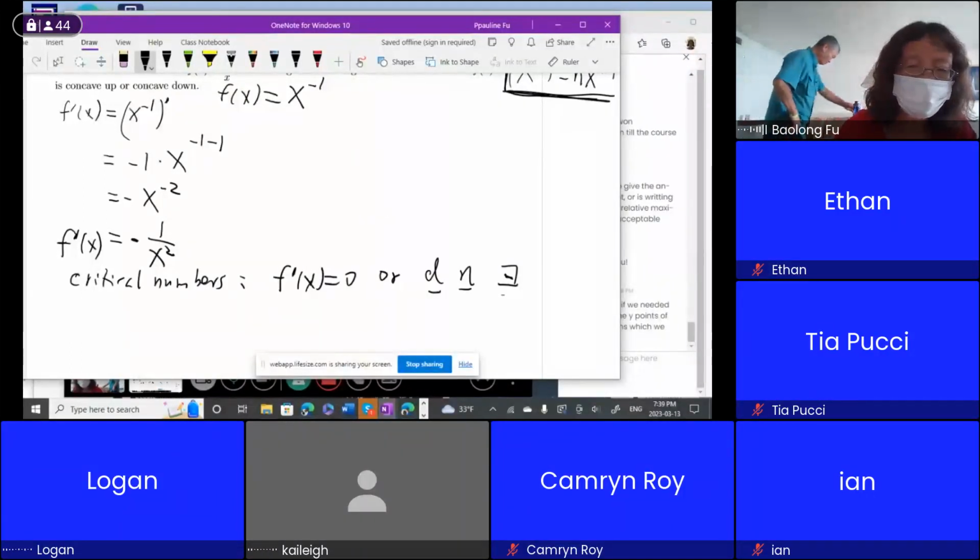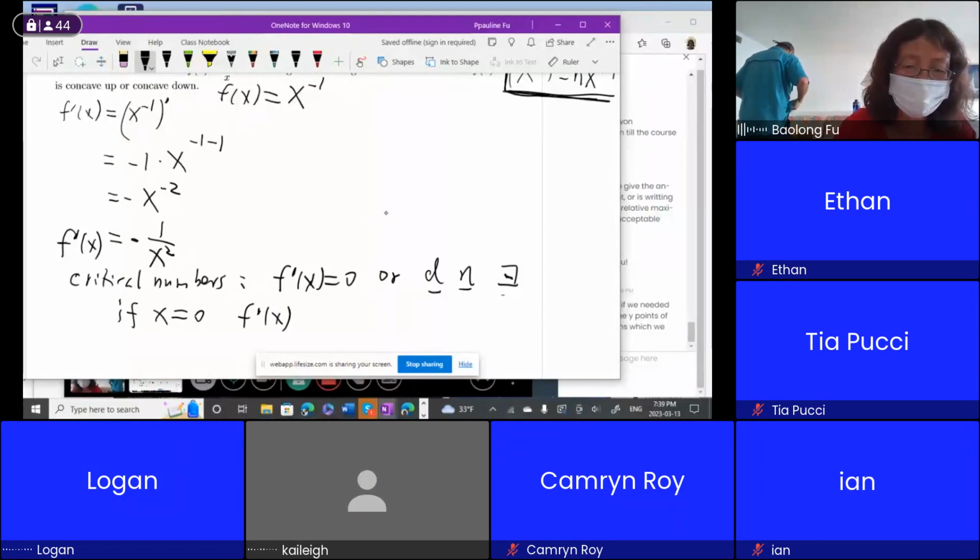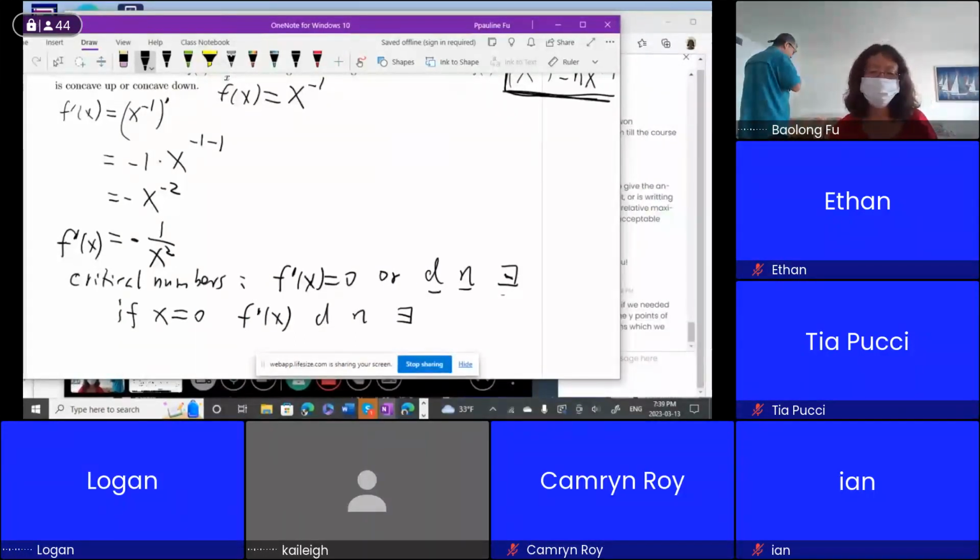But can we find where the derivative does not exist? Yes. If x equals 0, the derivative does not exist. That point is also called a critical point, a critical number.